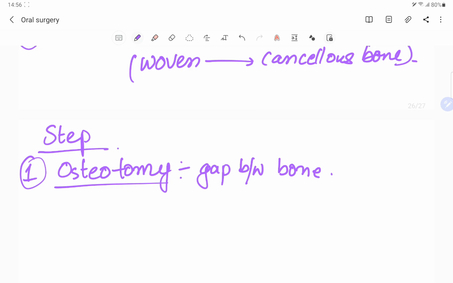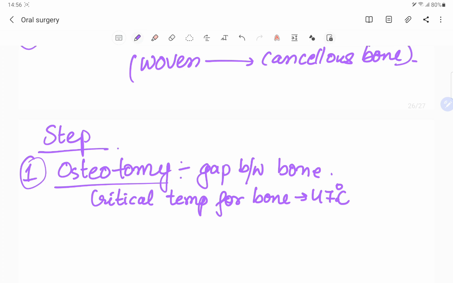That's the reason we are also using the irrigants, because once we overheat it, there can be thermal necrosis of the bone, due to heat. Since there is a critical temperature of the bone, which is 47 degrees Celsius, we use irrigants, no overheat.